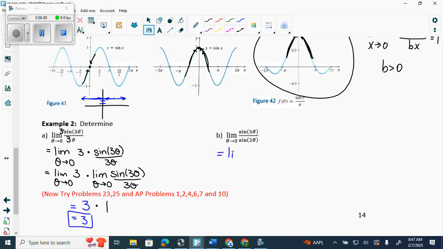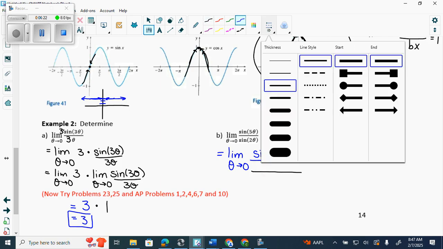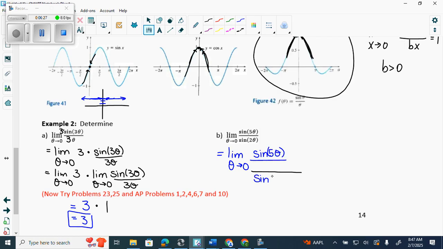The limit as theta goes to 0 of sine 5 theta over something divided by sine 2 theta over something. Okay?